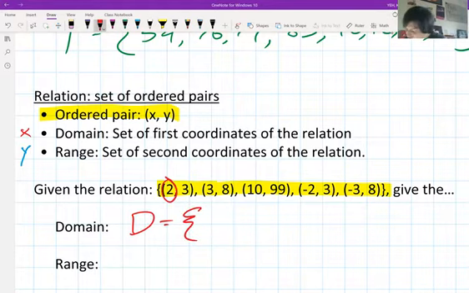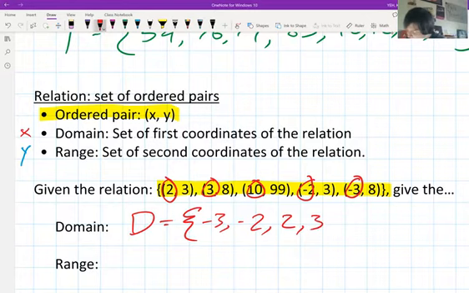So I see 2, I see 3, I see 10, I see -2, I see -3. I'm going to put them in ascending order. So I'm going to start with -3, -2, 2, 3, and 10. That is my domain for this relation, all of the x values that we see.